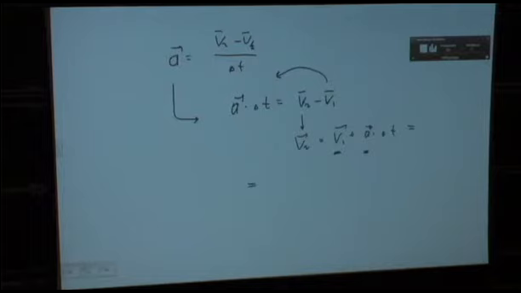V2 is supposed to be equal to the initial velocity, which is an arrow pointing to the left, picture D, plus the acceleration, which is an arrow pointing to the left, multiplied by some number. So you are adding two vectors which point in the same direction. So the resultant will be an arrow which, and you have to finish, is shorter, equal, or longer than initial velocity.